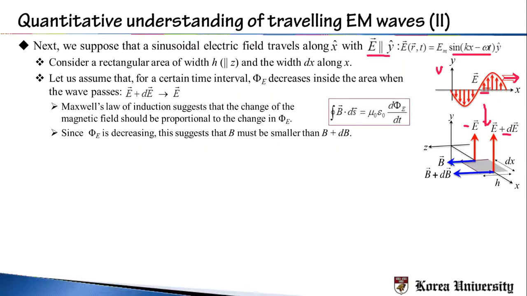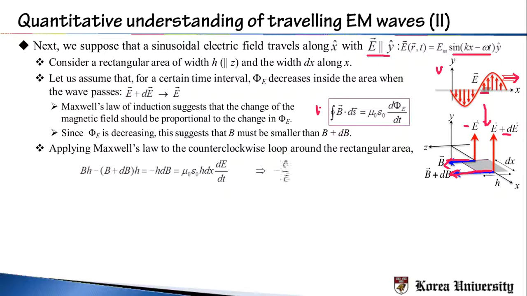So if the electric field is decreasing, then this value must also be negative. So in this case, if you go around this loop, say using the right-hand rule, going around counterclockwise, you will figure out that the magnetic field actually must be larger here than here. Okay, so we'll do that.